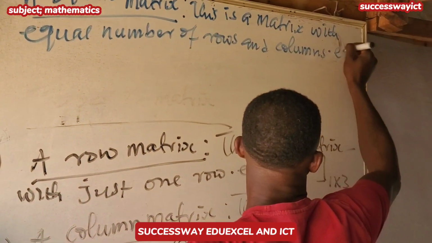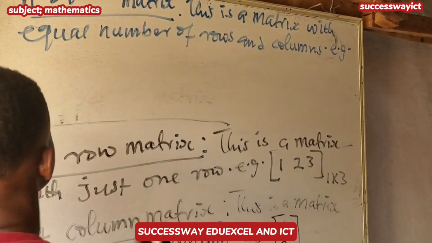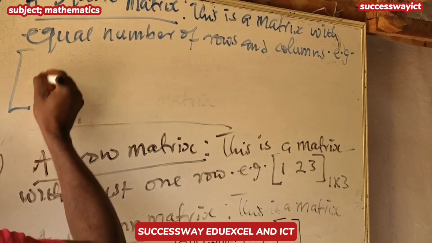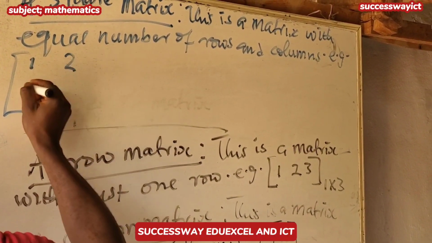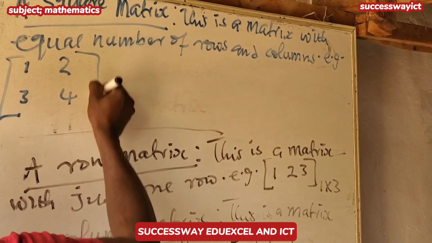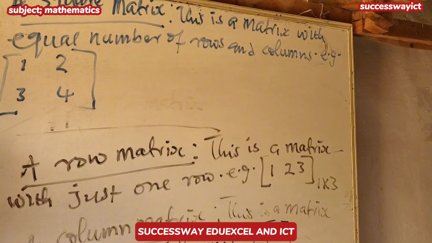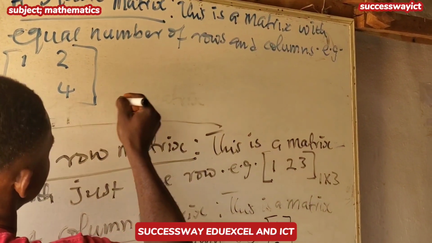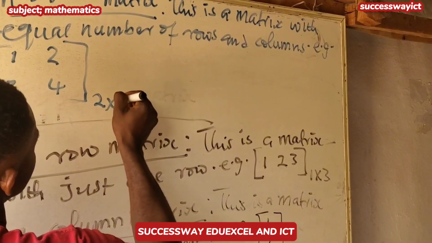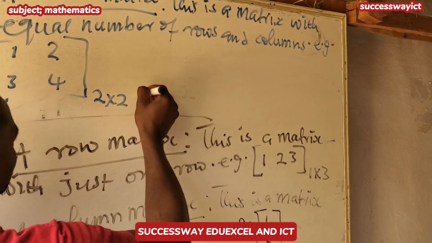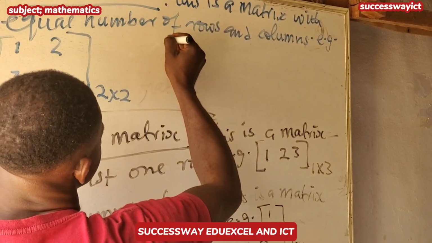You can have example. It's a square matrix. This one is what? This is what? 2 by 2 matrix. You can also have another one as this.